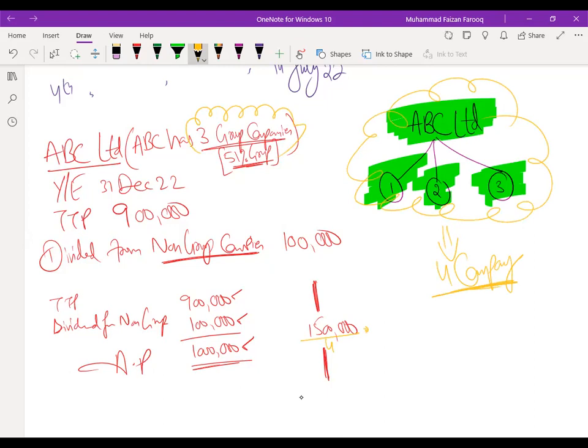Hum means ABC will be part of the group. Don't say three group members. We are also there. So the total group is four companies, so the limit will be divided by 4. What answer are you getting?